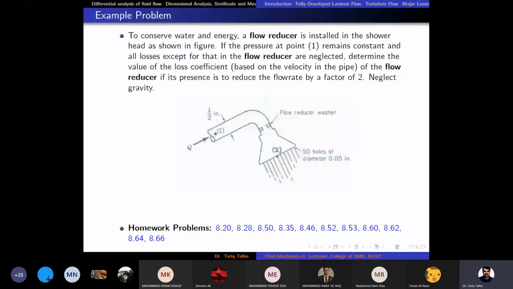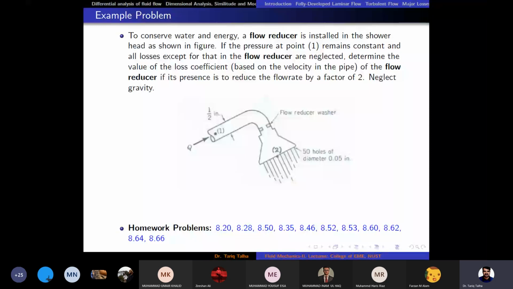So it means that if the flow rate becomes half after the installation of this flow reducer, we need to calculate the loss coefficient which is associated with this flow reducer.